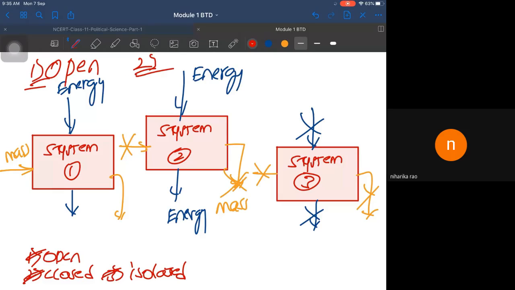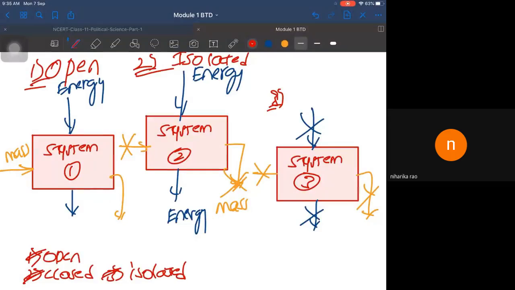If this system is isolated, for instance, what could this system be, where there is no energy and mass transfer, which is completely isolated from its surroundings? The meaning of the word isolation is complete isolation.